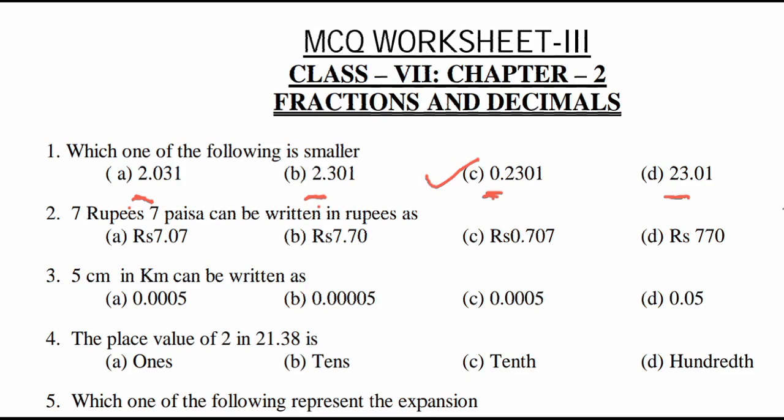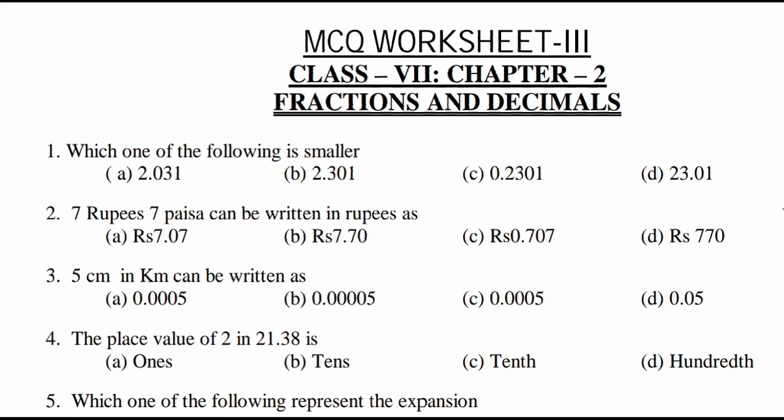Now question number 2: 7 rupees 7 paisa can be written in rupees as rupees 7.07, rupees 7.70, rupees 0.707, rupees 770. So the correct answer is A. Why?